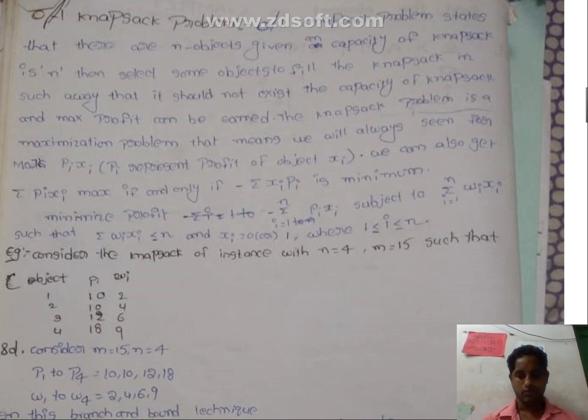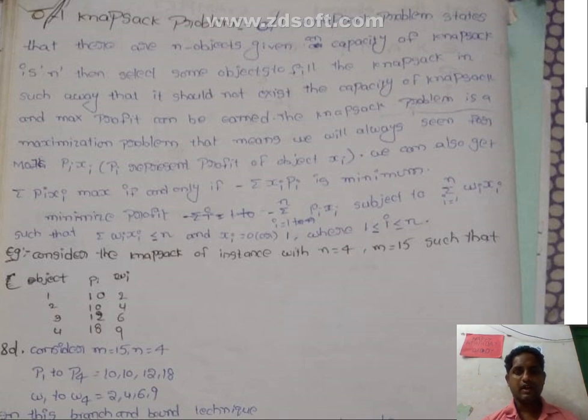So the knapsack problem is a maximization problem. That means we will always seek the maximum of sigma pi xi, where pi is the profit of an object xi. We can also get maximum sigma pi xi if and only if minus sigma xi pi is minimum.